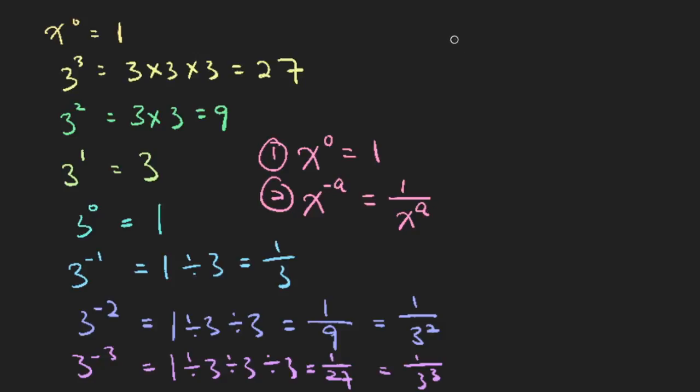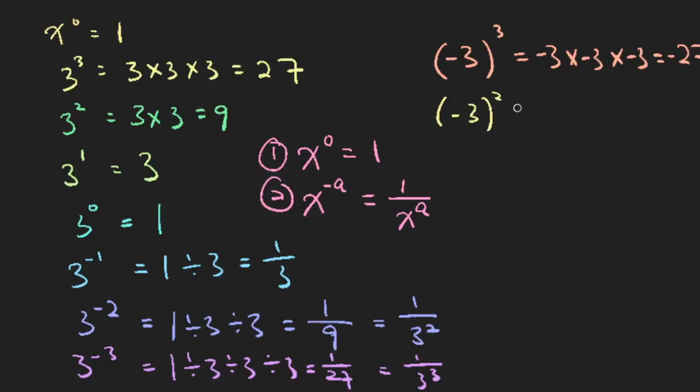So let's start off again with negative 3 to the power of 3. This is negative 3 times negative 3 times negative 3. This is negative 27. Negative 3 to the power of 2 will be negative 3 times negative 3. This is 9. Negative 3 to the power of 1 is equal to negative 3.